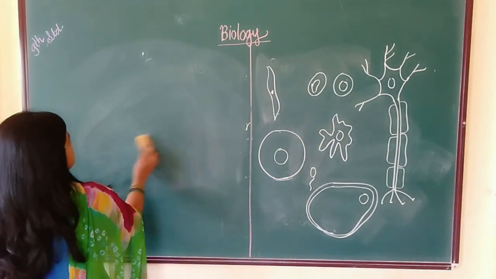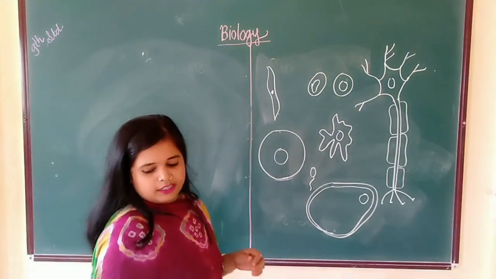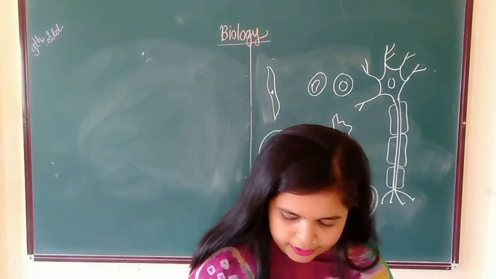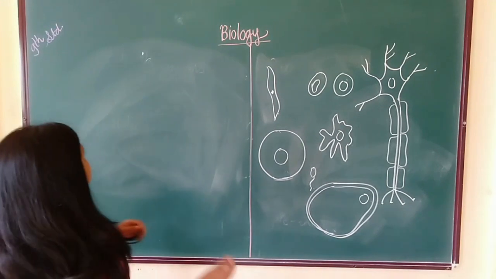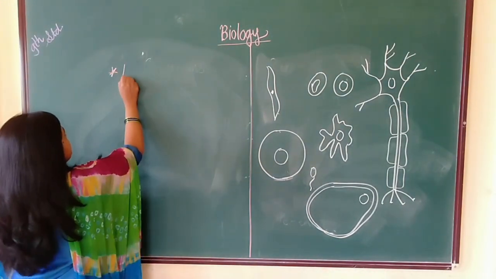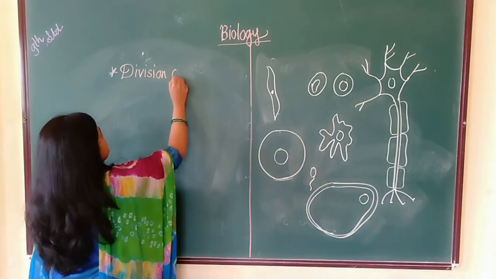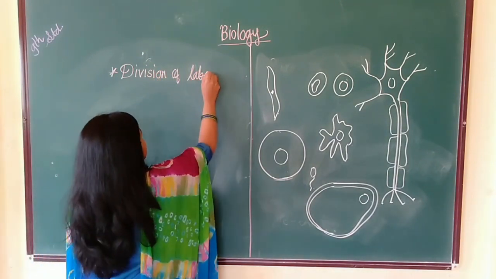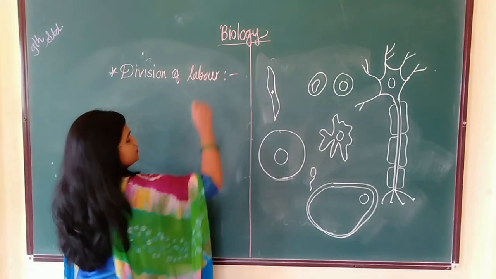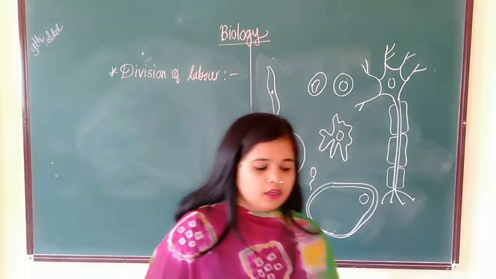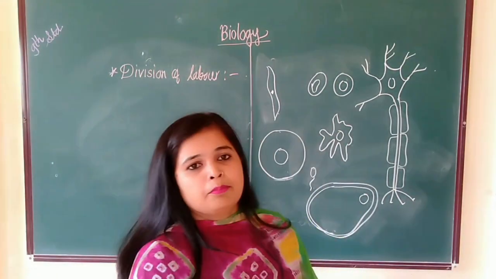There is a division of labor. Now what is meant by the division of labor? It is said that there is a division of labor in the cells. For example, our body is made up of many organs.